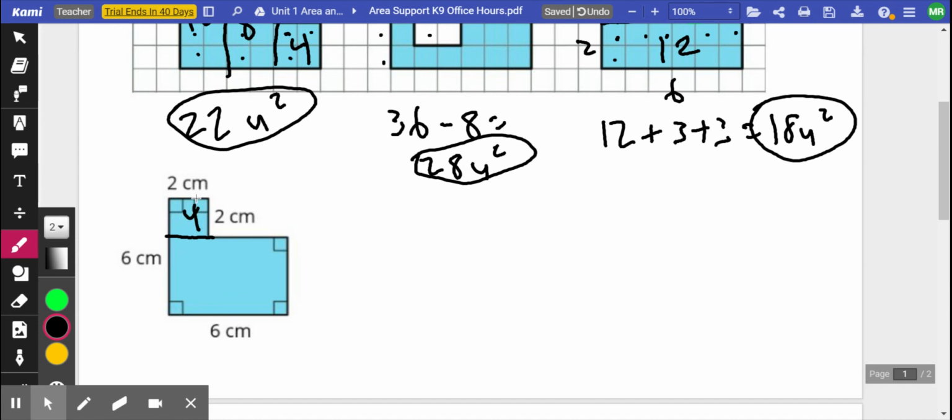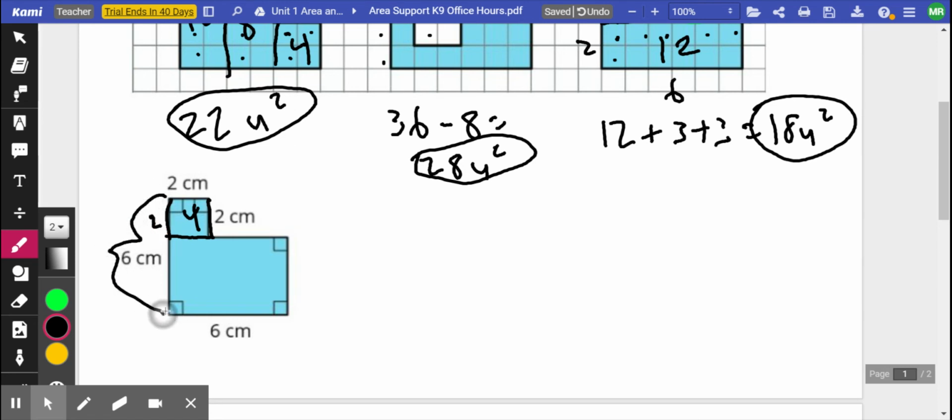All right, now for the bottom rectangle, the bottom side is 6. We have to figure out what this length is, but that's not too difficult. If this side of the small square is 2, then that side is also 2.